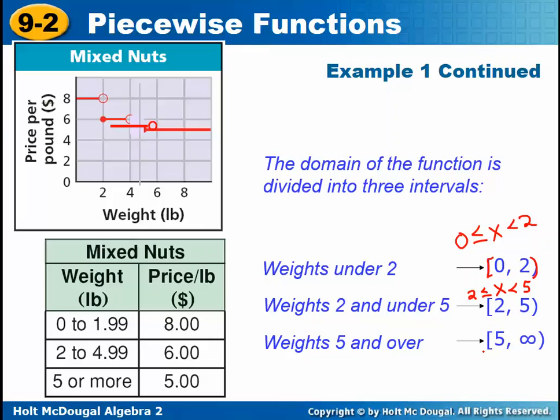And then for the last part, I would want to include the 5 in this third section. And that would be less than infinity, so from 5 to infinity. Or we could just say that x is greater than or equal to 5, then it would fit this last category of 5 pounds or more.